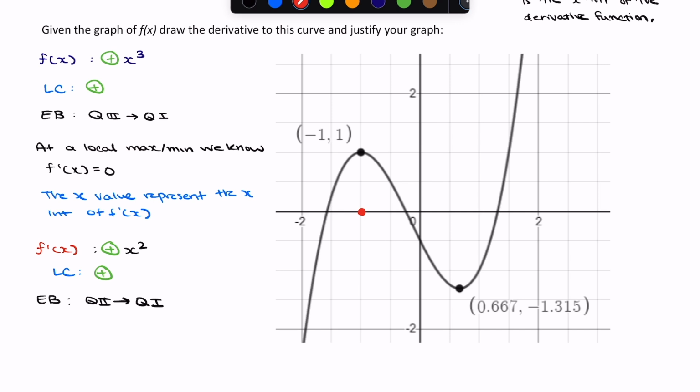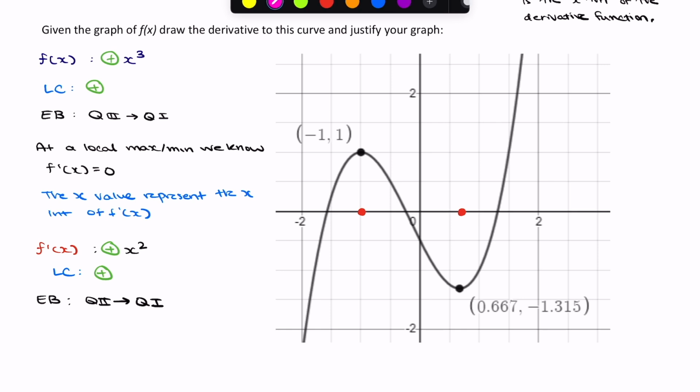And here we have another point, another local minimum, at 0.667 and -1.315. And here we see that, again, the x-intercept for our x squared function will fall on the x value of the local min of the original function. And here we can see that.